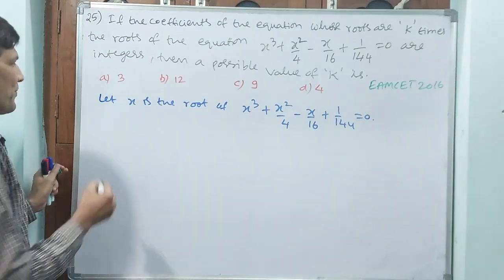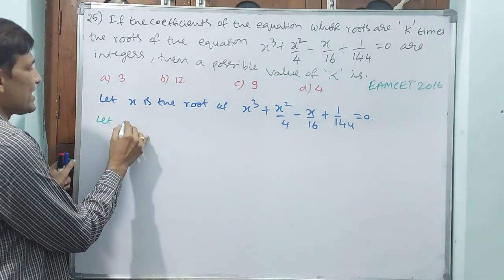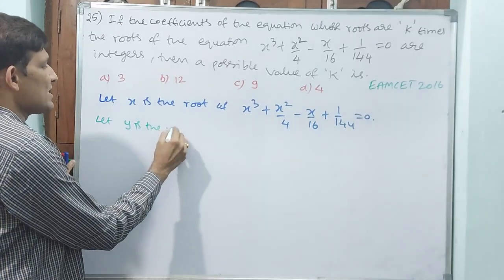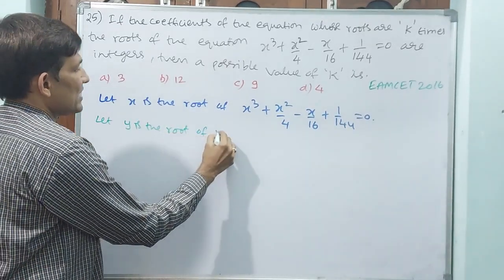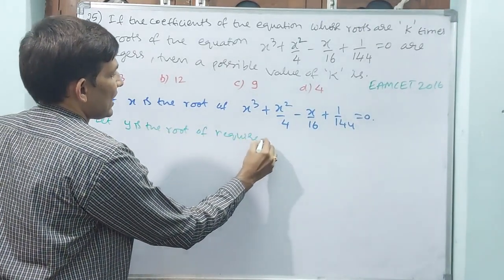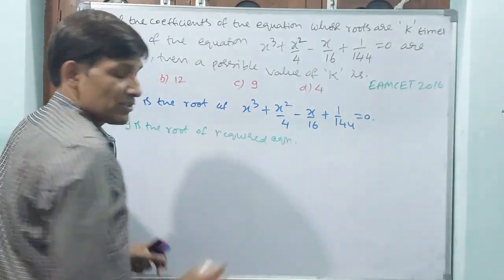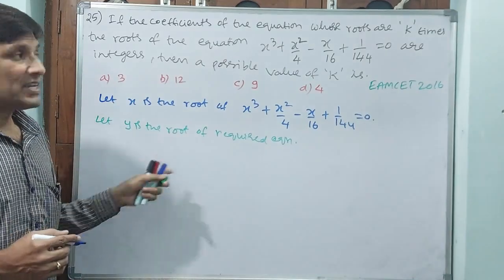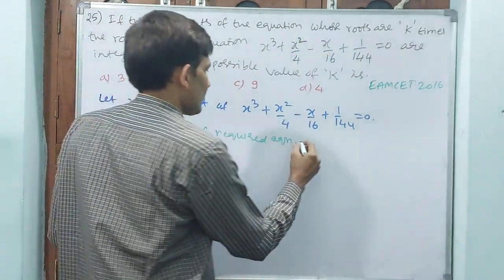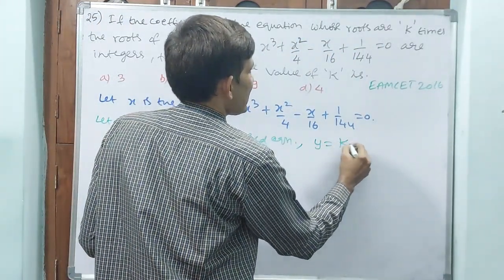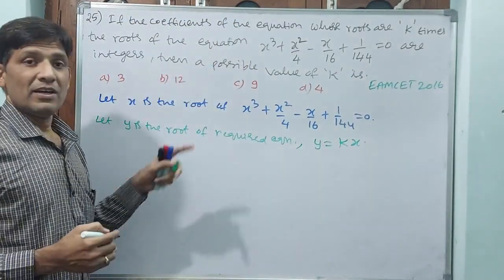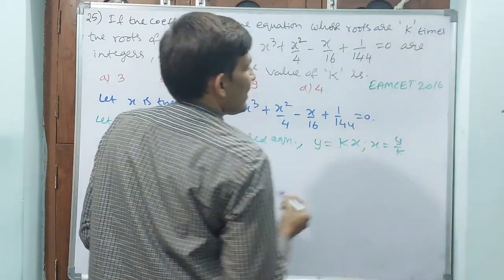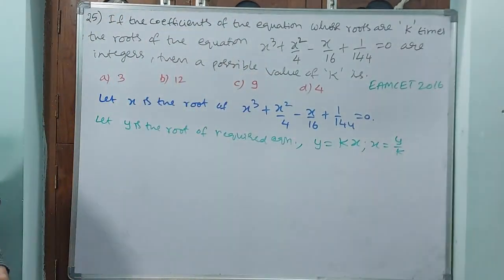Now again see, let y is the root of the required equation. We don't bother about the equation, the required equation's root is y. This y is k times x. Y is equal to k times x, which means x will be y by k.